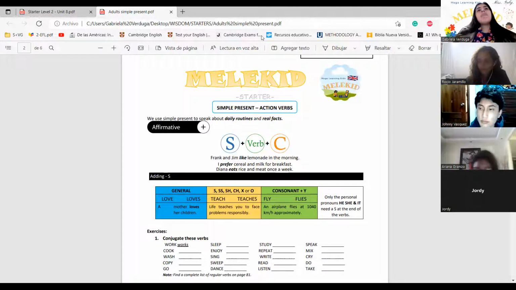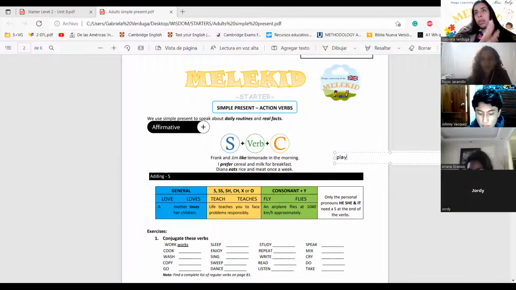For example, if you have this verb, play, in that case, play doesn't have consonant plus y. This has a vowel. Yes, let me make it bigger. This is a vowel, it's not a consonant. And for that reason, we don't have to change that.